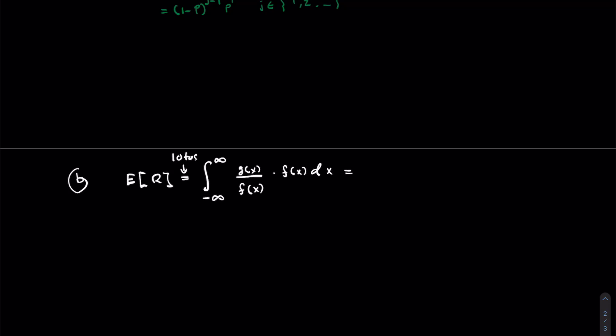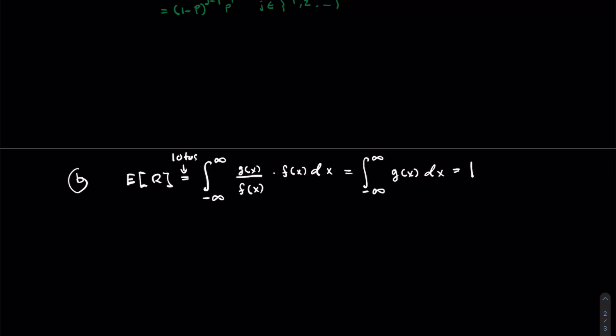Now we see that f of x cancels. We're left with g of x integrated over x, and since this is a valid PDF, as we're given in the information above, this will sum to 1.